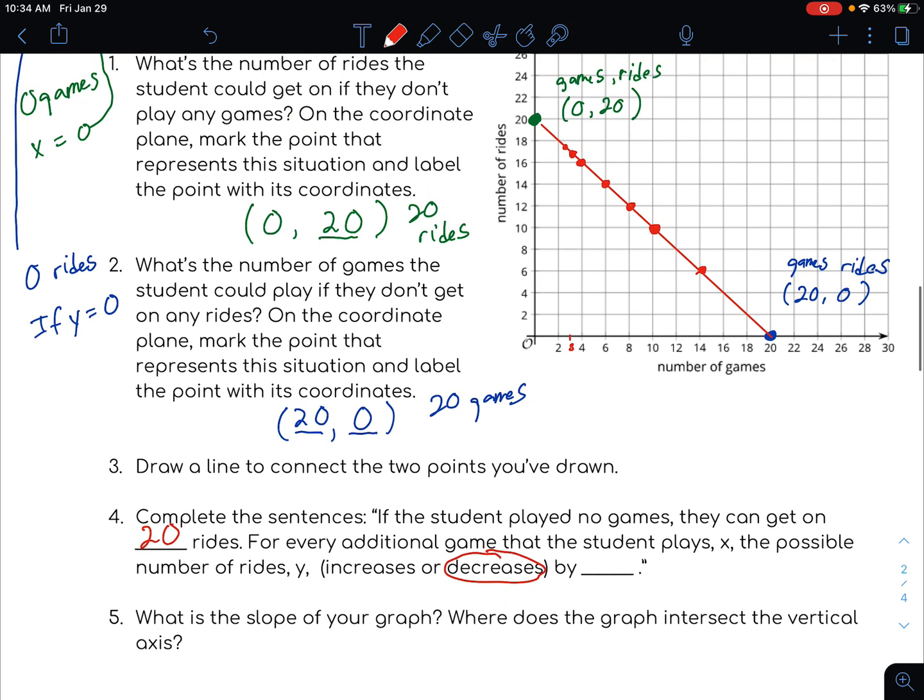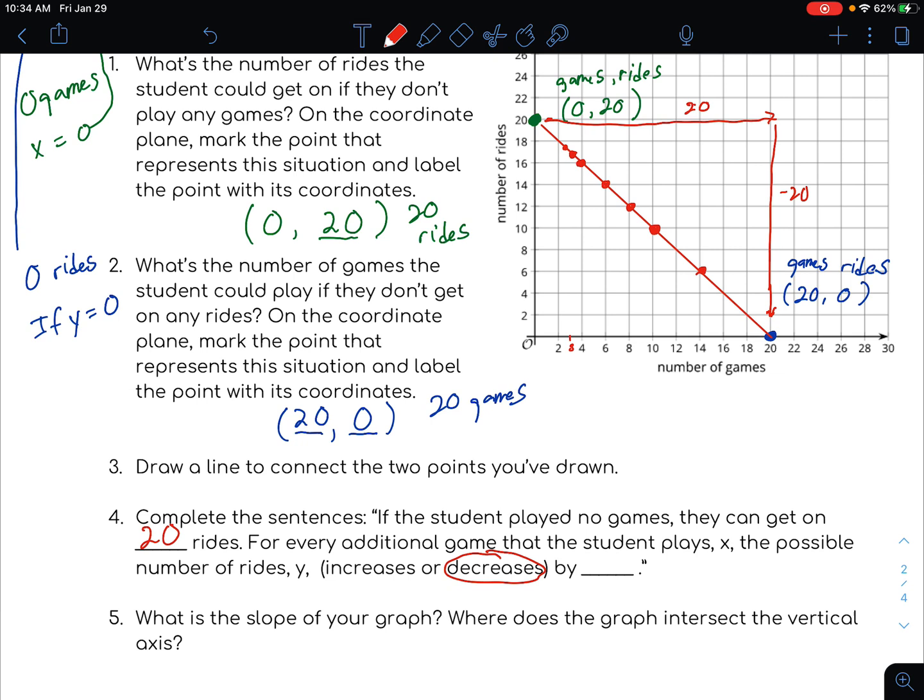Every time the game goes up 1, the ride goes down 1. We can see this too with our overall points here. We went over 20 and then we went down 20 between the y-intercept and the x-intercept.